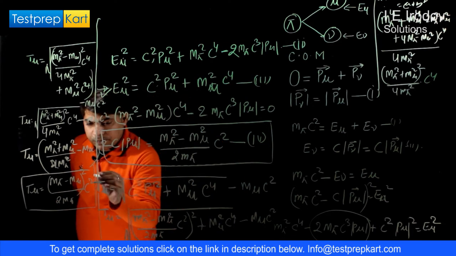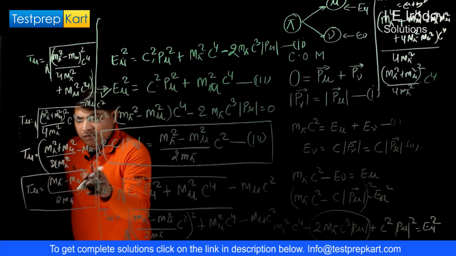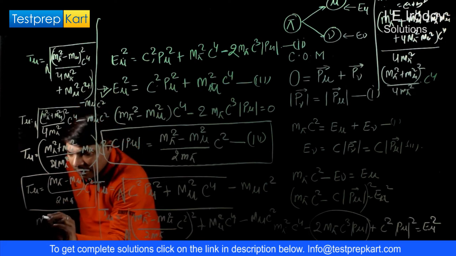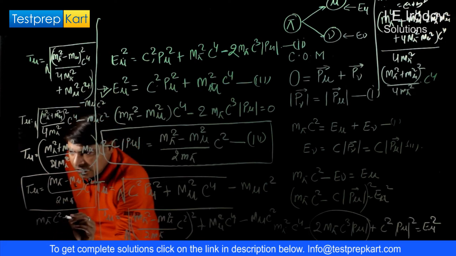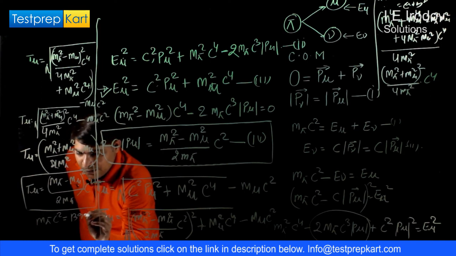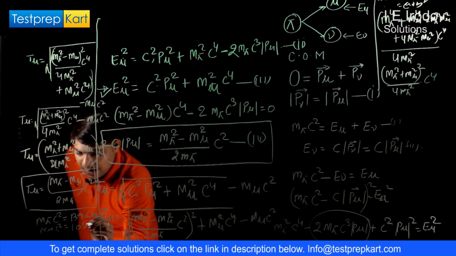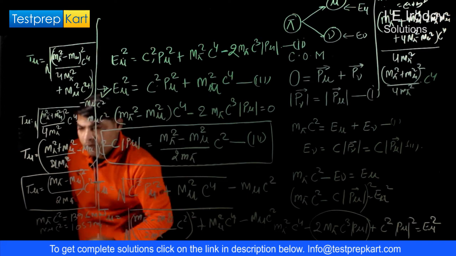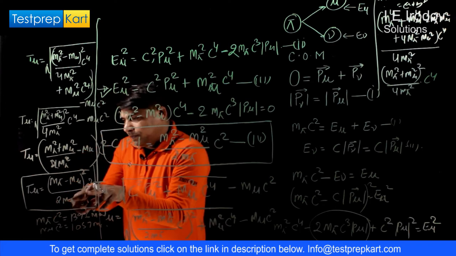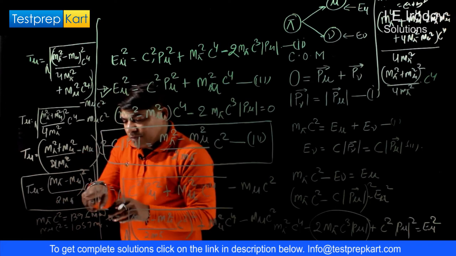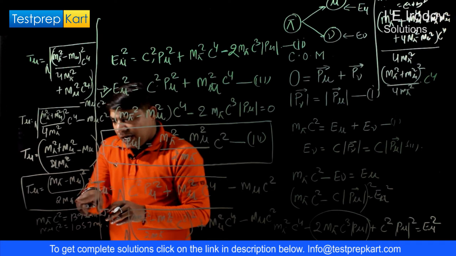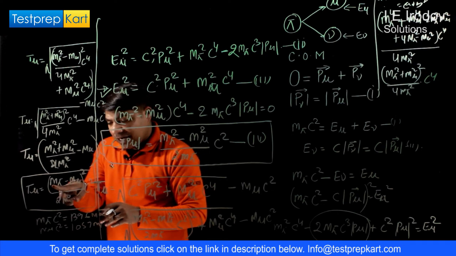Now from there we already know m_pi into c² is 139.6 MeV and m_mu into c² is 105.7 MeV. So here all terms are known. We can just multiply by c² in the numerator and denominator and take this term inside.